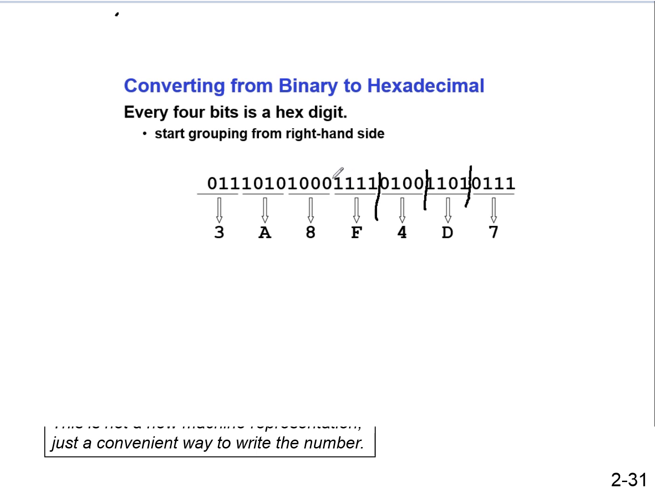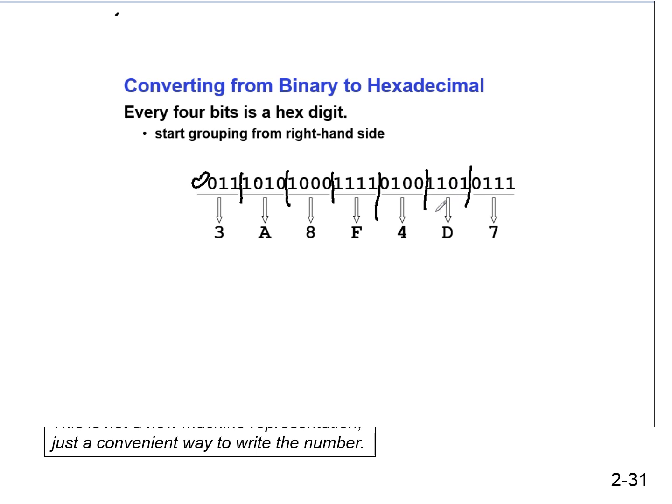1, 2, 3, 4. 1, 2, 3, 4. And then the last two, if you need to add a 0, you can. And you then just convert that. Okay. 7.